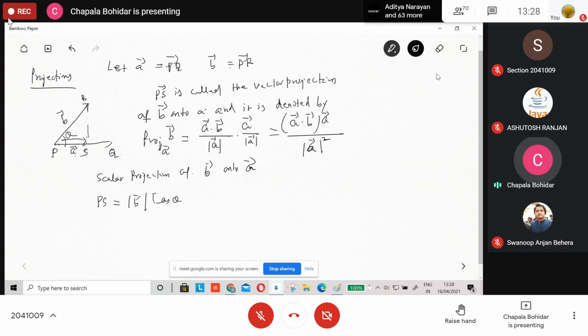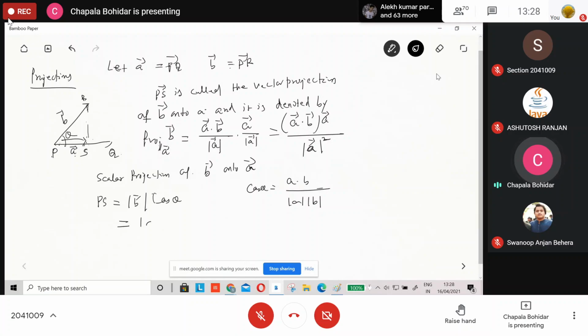You know cos theta is equal to A dot B divided by the absolute value of A times the absolute value of B.